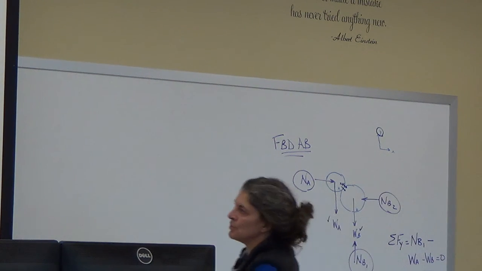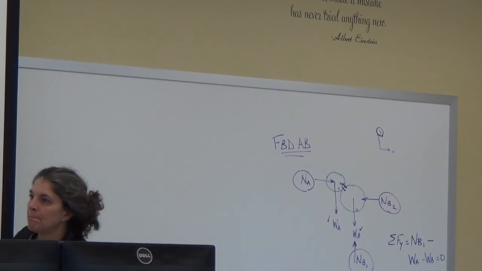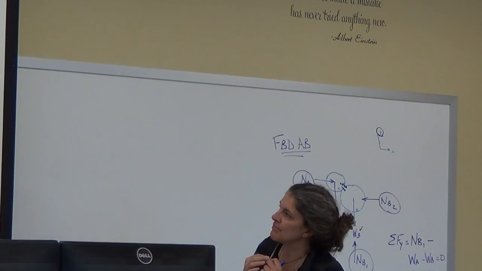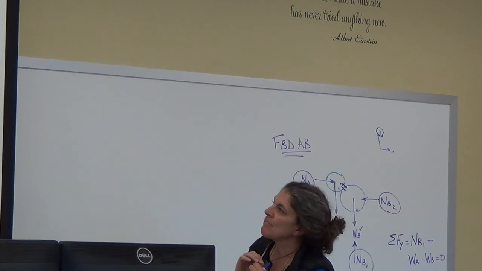Okay, so the next free body diagram you're thinking about is this, and do the sum of the forces in the x. But I would have 2 unknowns in that equation, right? But then you would substitute it with the x component of the weight of A. So you can say that NA equals the cosine of the A.